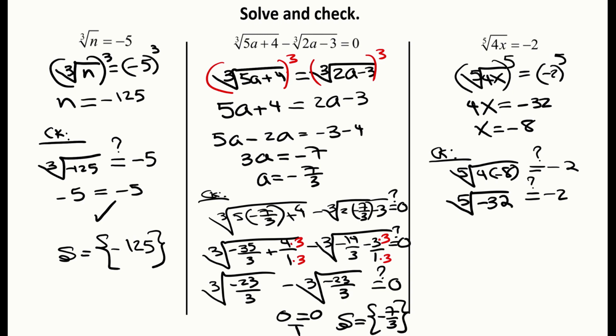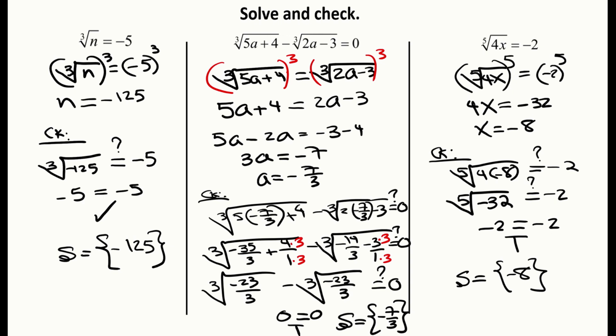And as you know, the fifth root of negative 32, which is the number you have to raise to the power of 5 to get negative 32, is indeed negative 2. So we get negative 2 equals negative 2. So it made it true. Therefore, it is a solution. So we're going to write our solution set. And that's the set containing negative 8.